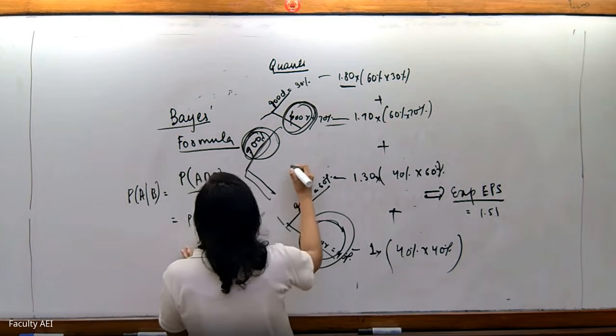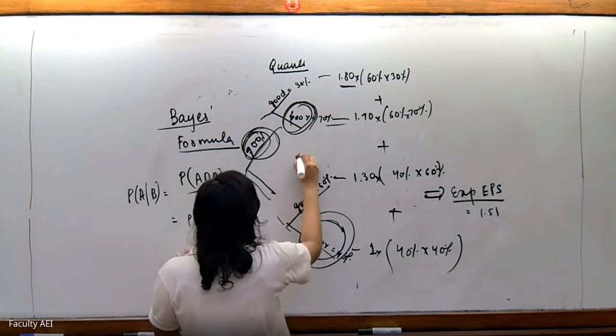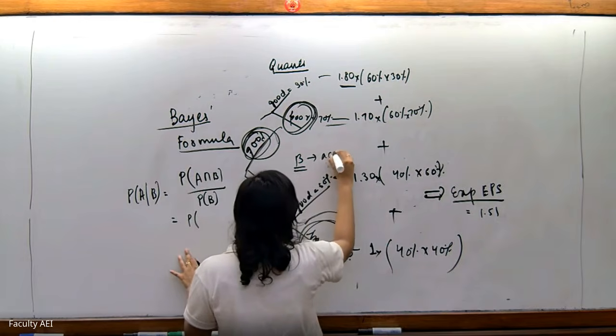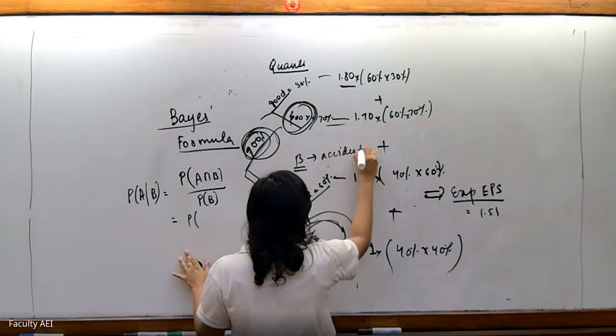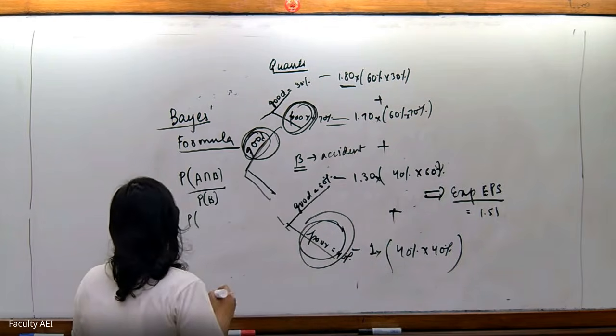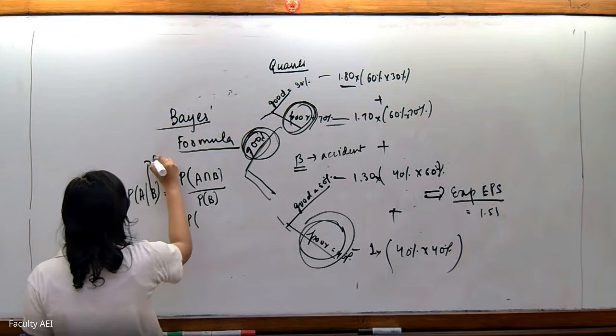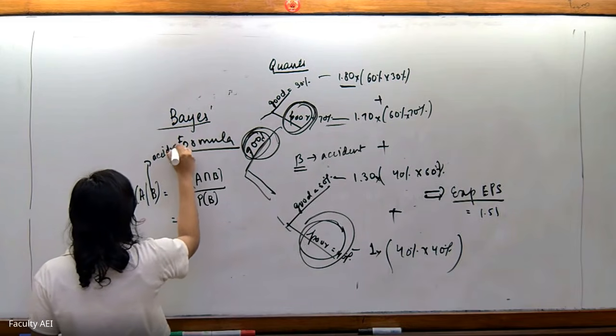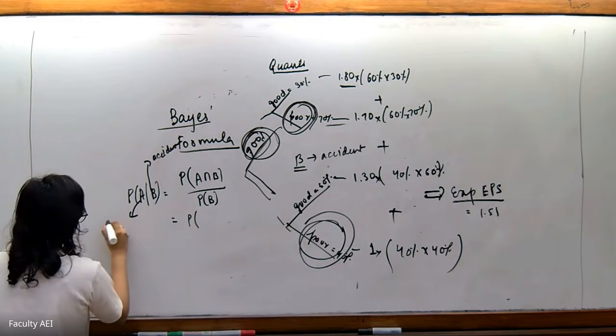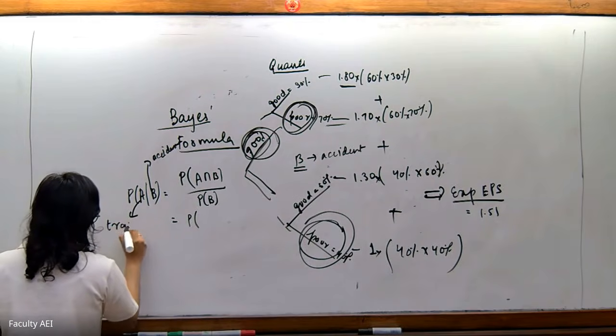Could you repeat the question exactly, the details? So let's say your B is that your accident already has happened. You want to tell whether it happened by bus or not.